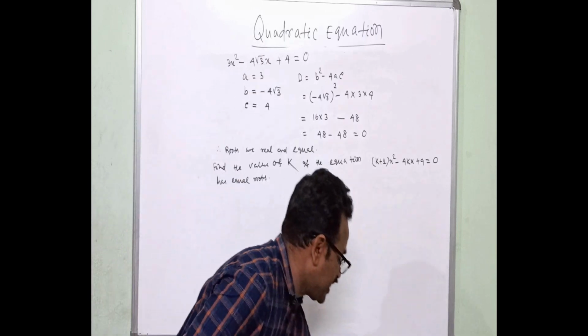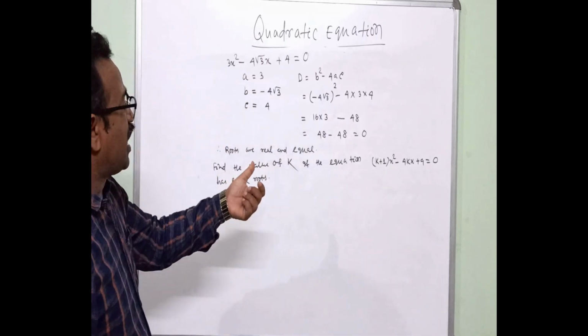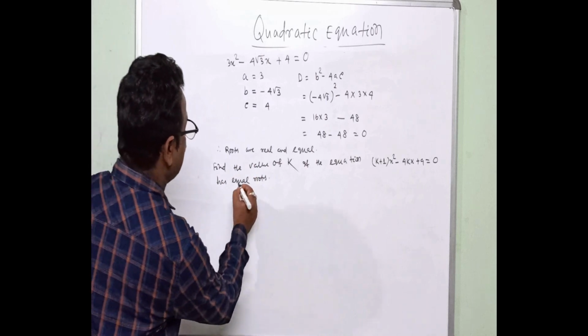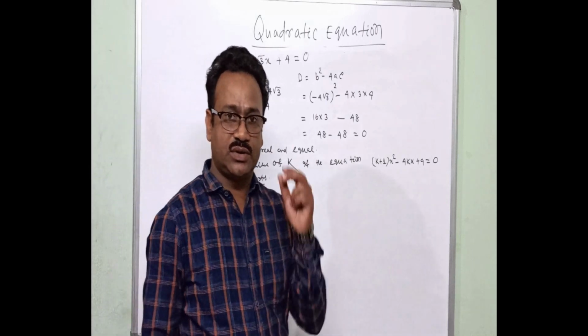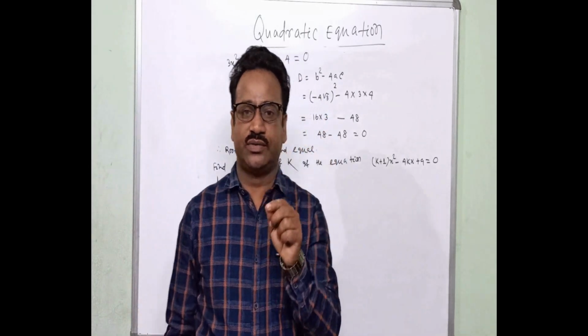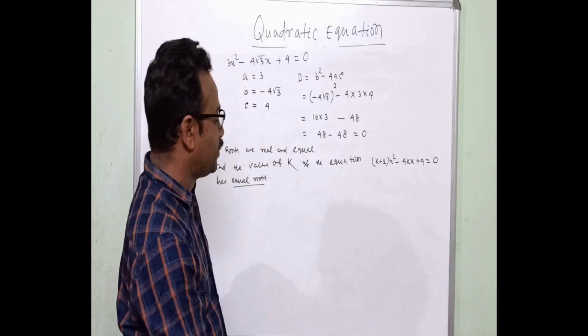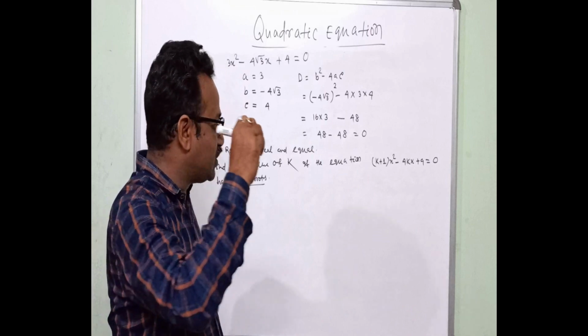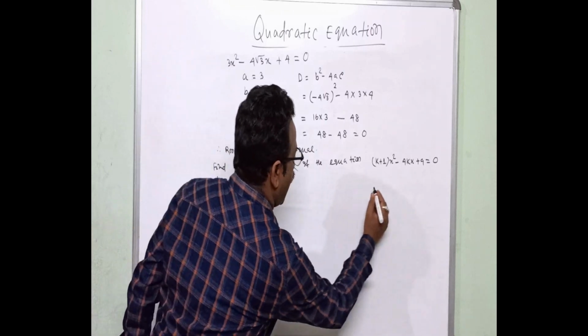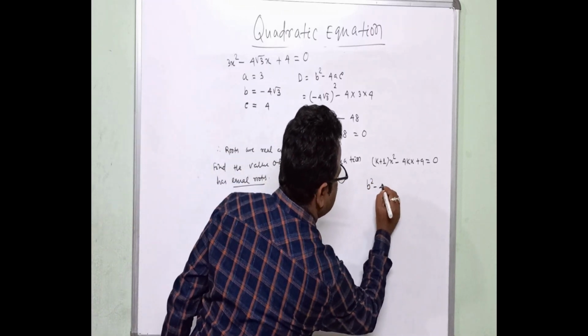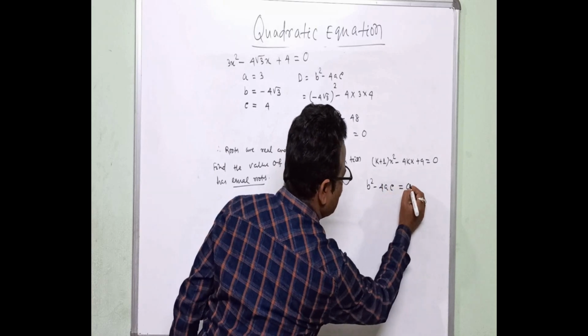Now here one thing is very clear, that it has equal roots. So when it has equal roots, then b square minus 4ac is equal to 0.